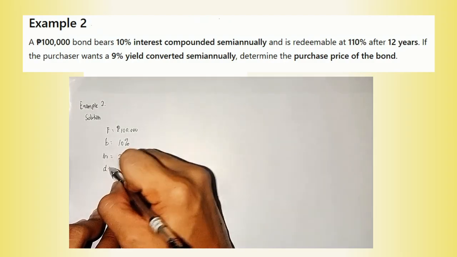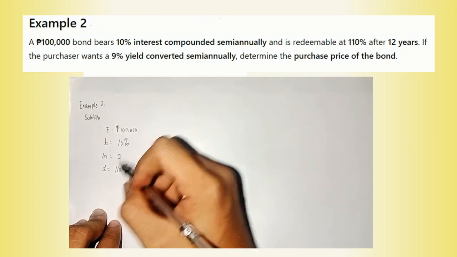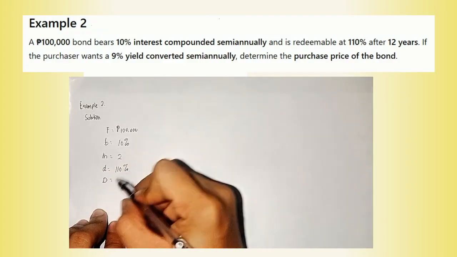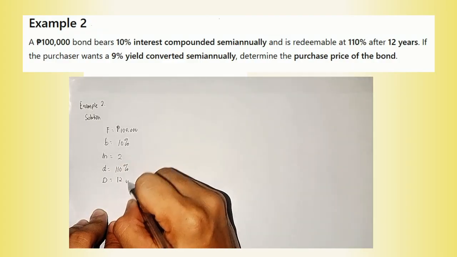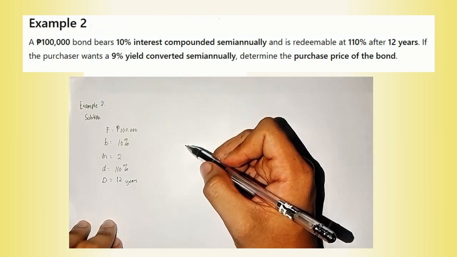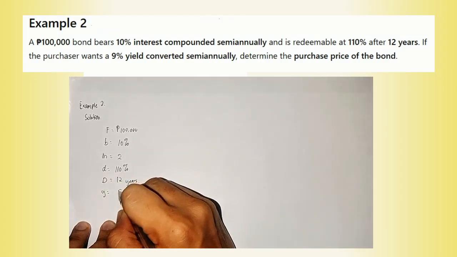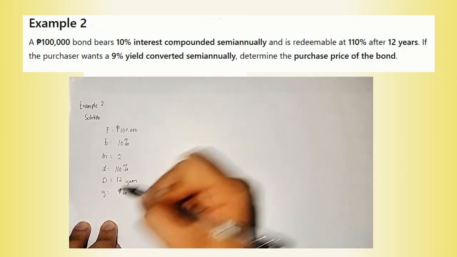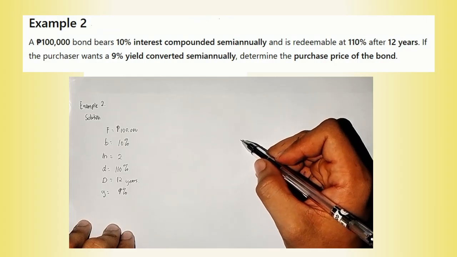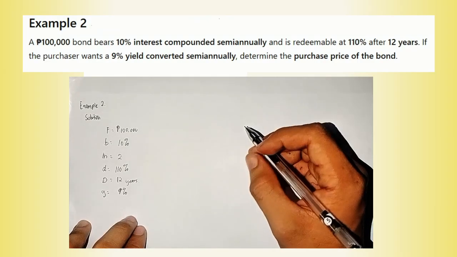So we have D equal to 110% after 12 years. If the purchaser wants a 9% yield, we have Y equal to 9% converted semi-annually. We also have to determine the purchase price of the bond.